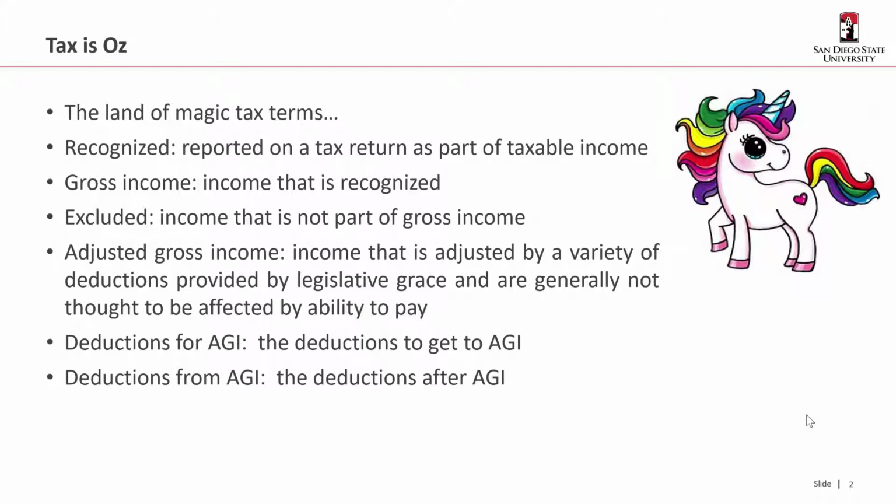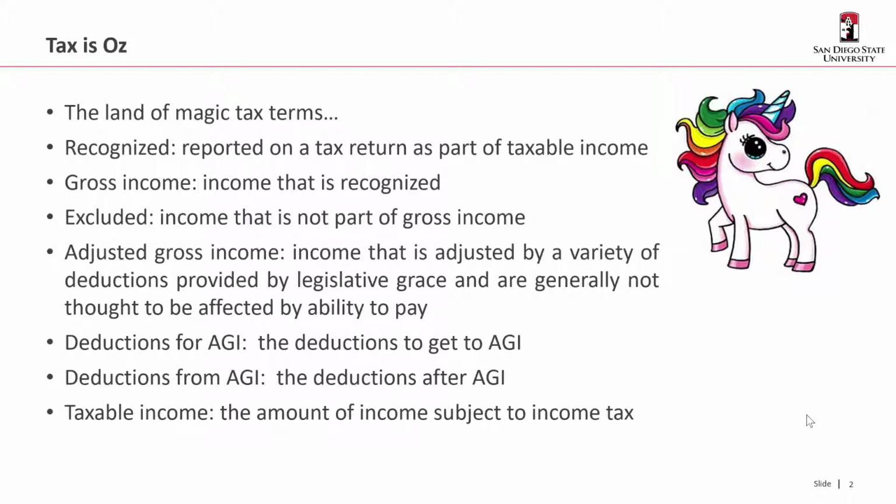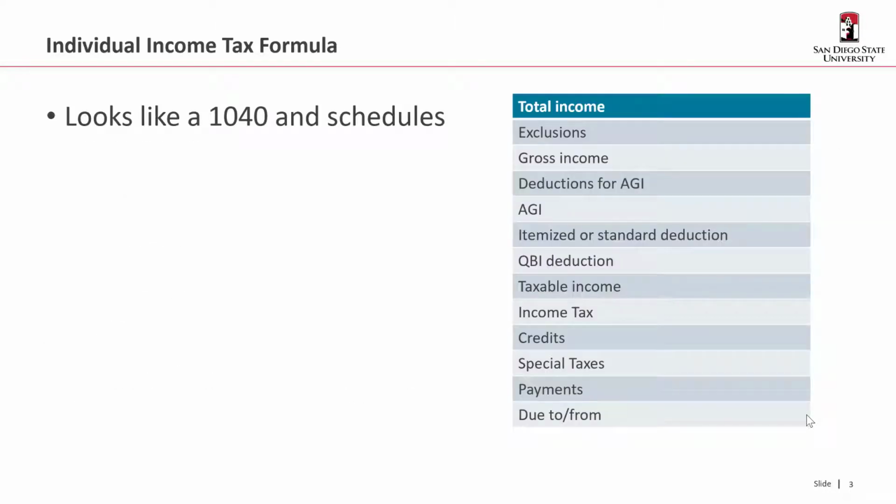And in all basic terms, that's either the standard deduction or itemized deductions, whichever is larger, or the qualified business income deduction. And again, QBI deduction, qualified business income, that's around until 2025 and then is scheduled to expire. Taxable income is the amount of income that's actually subject to tax. So that's kind of that baseline measure. When we think about a tax is rate times base, for income tax, taxable income is the base.